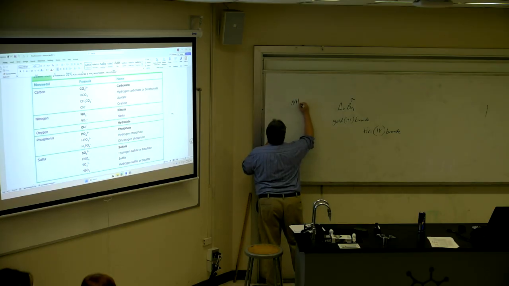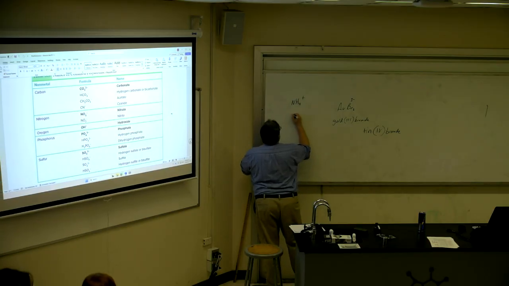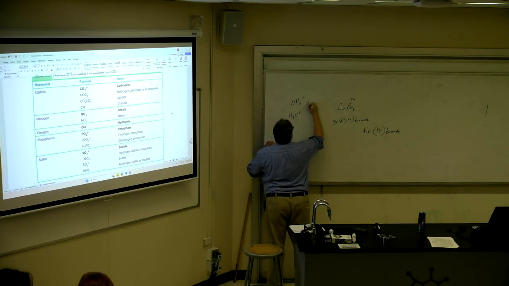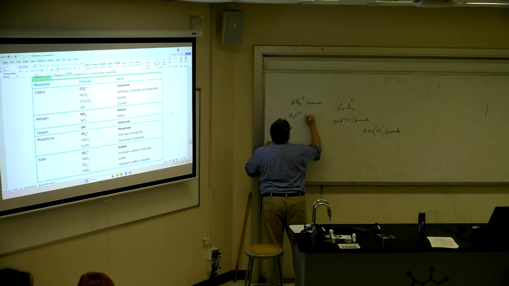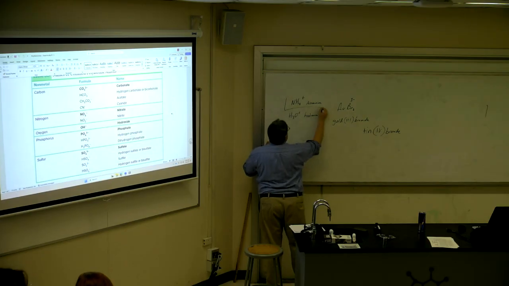Let me remind you of this. All of these polyatomic ions, notice they're all negative. Every one of them is negative. They're going to be on the right side when you write it in the formula. When you write the name, it's going to be that last name that you write. There is a small handful of positive ones.